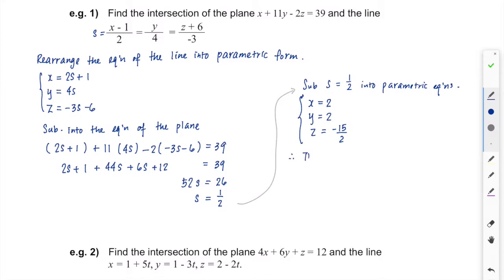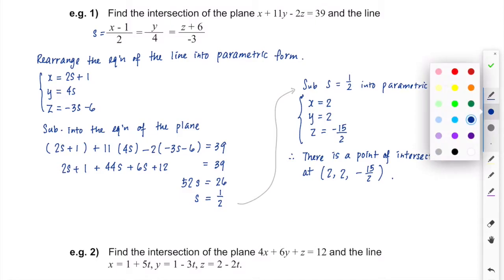Therefore, there is a point of intersection at 2, 2, and negative 15 over 2.